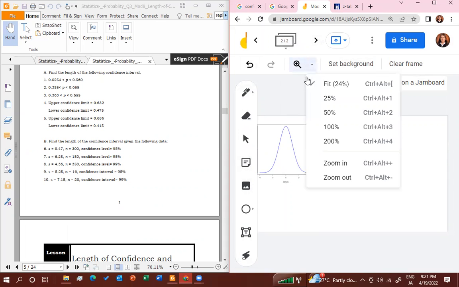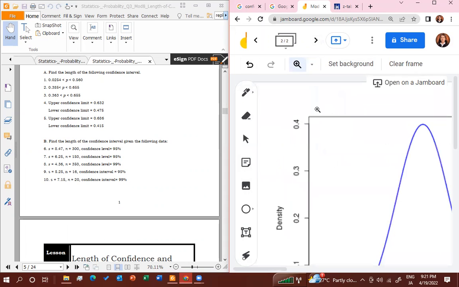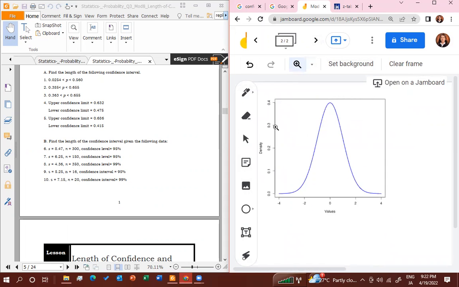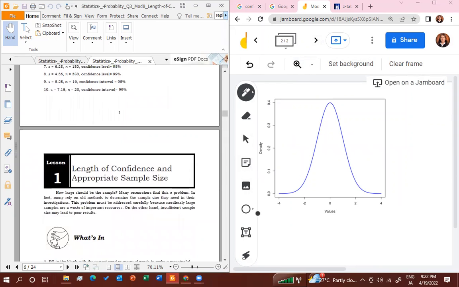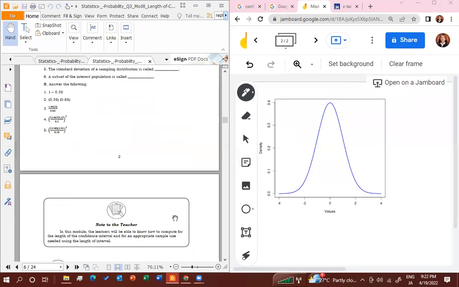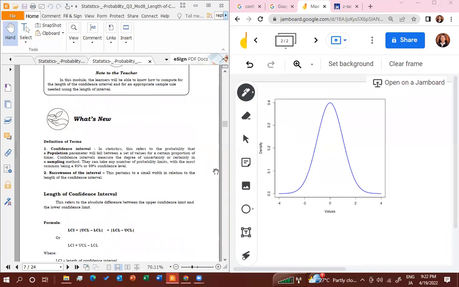So let's look at this graph. This is the normal distribution curve. A confidence interval in statistics refers to the probability that a population parameter will fall between a set of values.